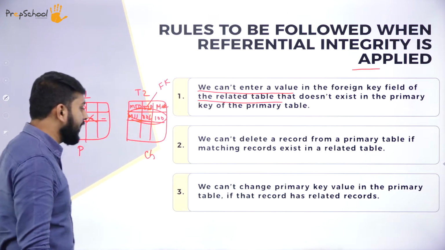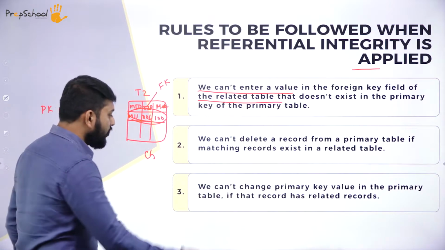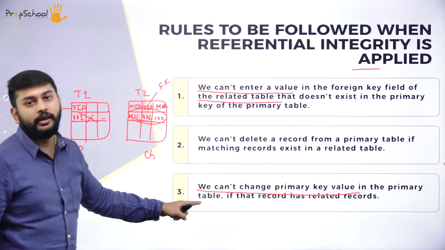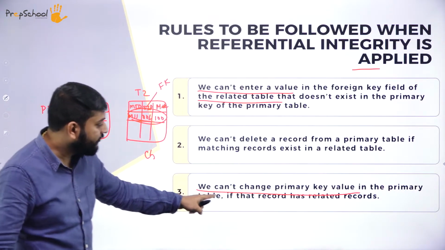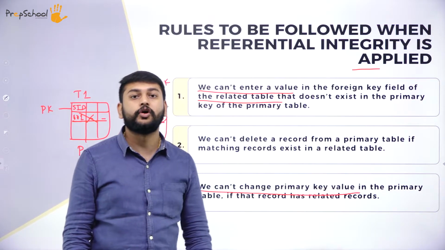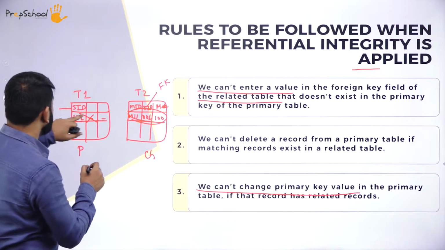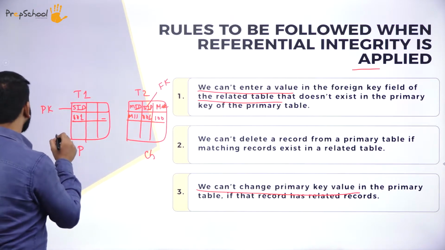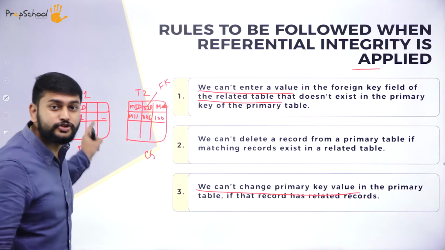So what is the third point that we have? We cannot change the primary key value in the primary table if that record has related records. What is the meaning of it? My primary key value is 001 here.